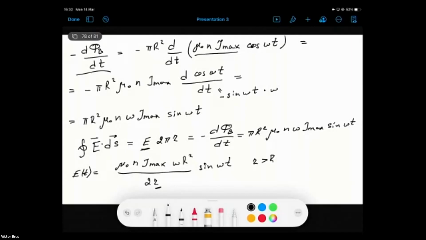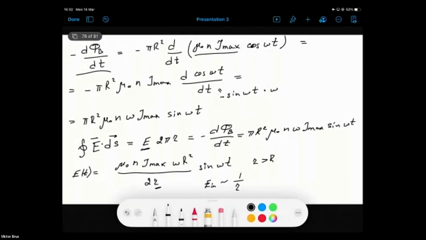So it means that the induced electric field outside the solenoid will be proportional to 1 over r, meaning we reduce the magnitude of the induced electric field when we go further from the axis of the solenoid.